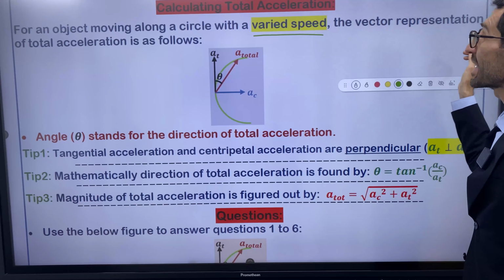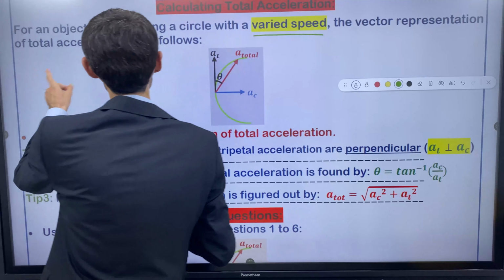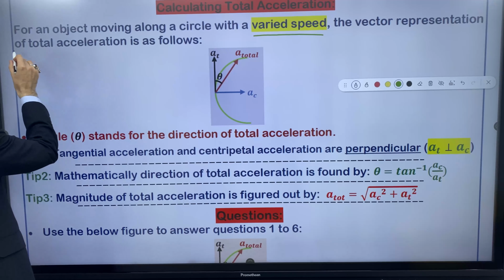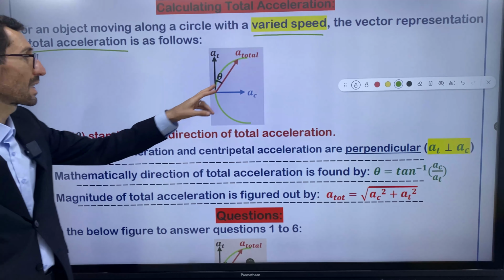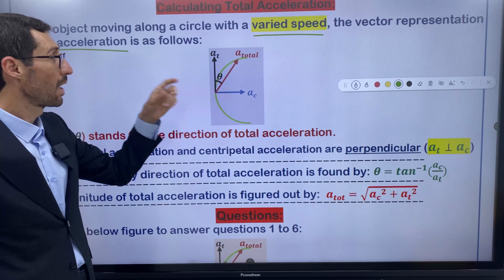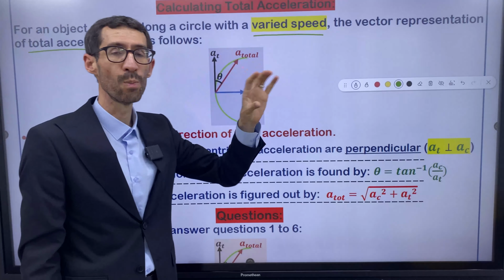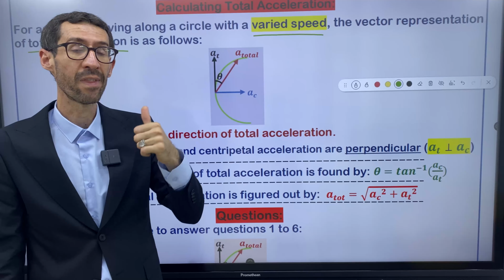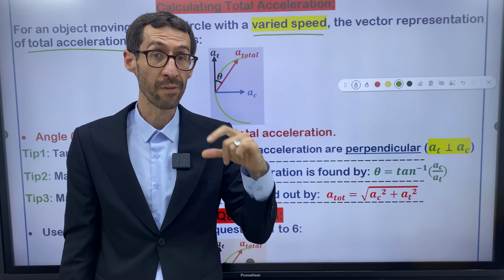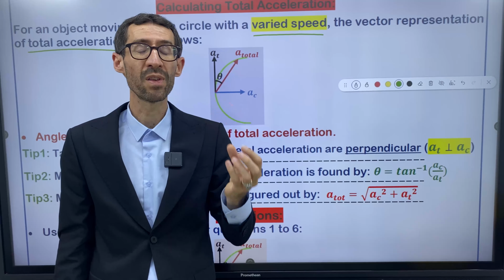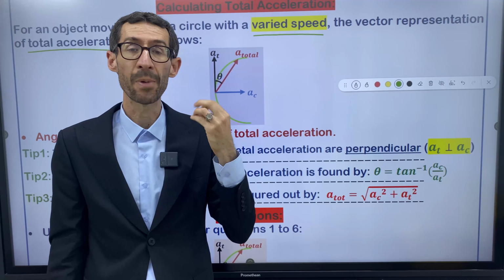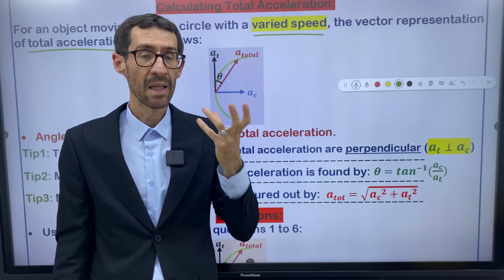The vector representation of total acceleration is as follows. When the object moves along a circular track with a variable speed, both types of acceleration are present. What are these?